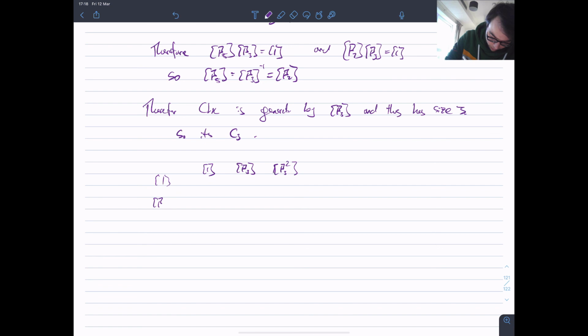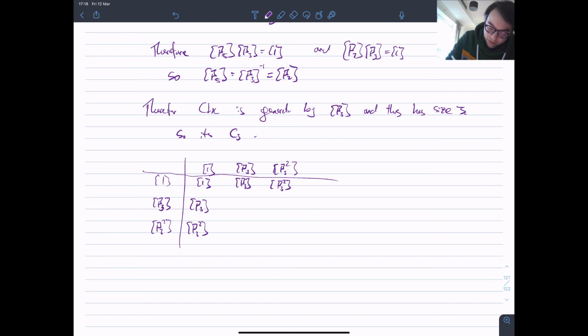If you just do the multiplication table, basically the multiplication for P3 and P3 squared.